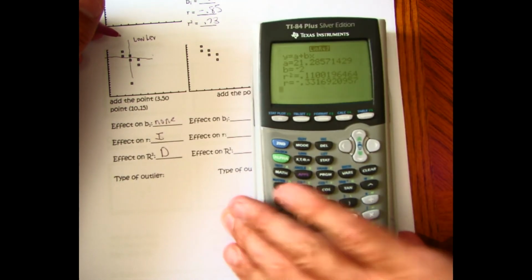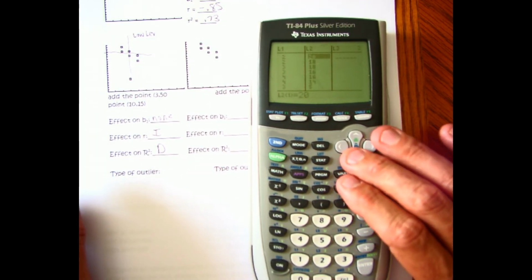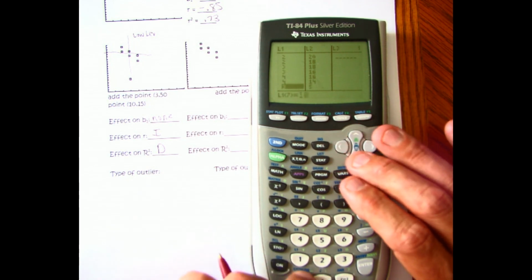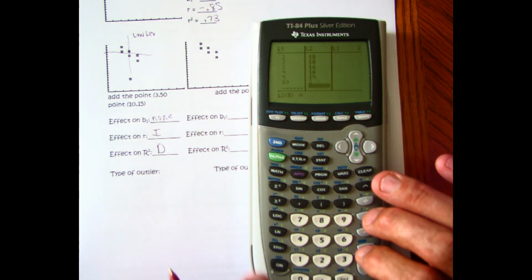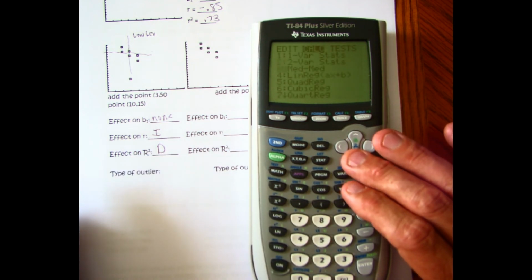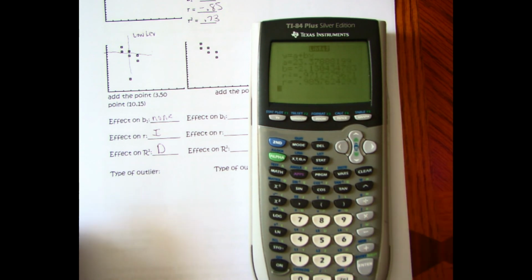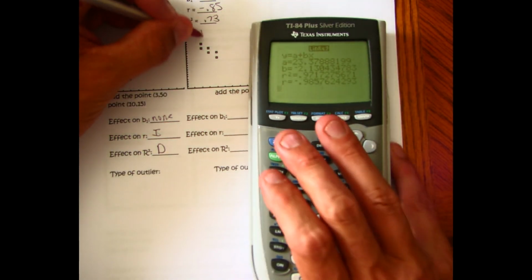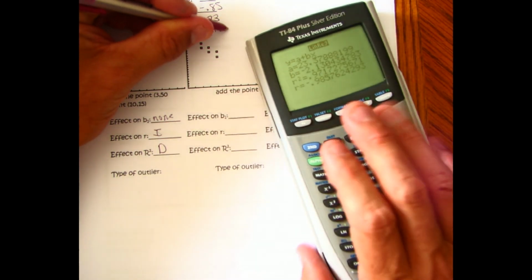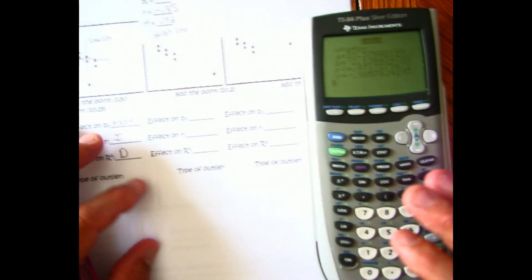And next we want to put in the point 10,2. So that is called a high leverage point, but not influential because it's right on the line. Okay? So the effect on the slope should be minimal.